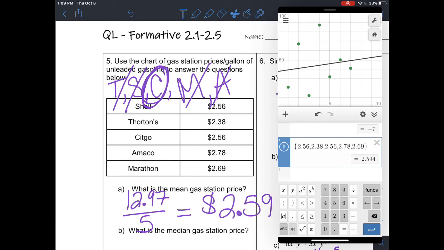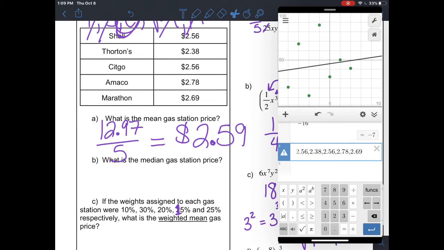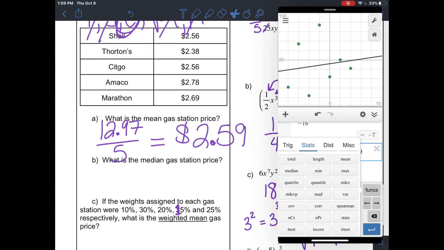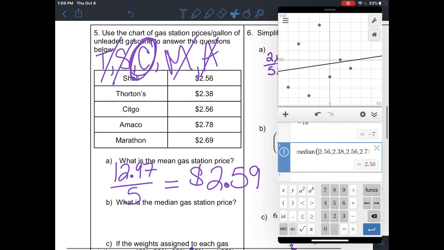For the next one, part B, what is the median gas station price? I can either go to the beginning, erase the mean, go back to function, stat, and type in median, or I can list it from least to greatest.